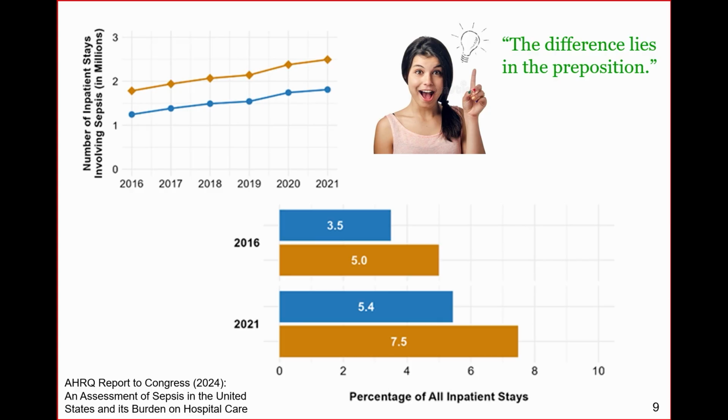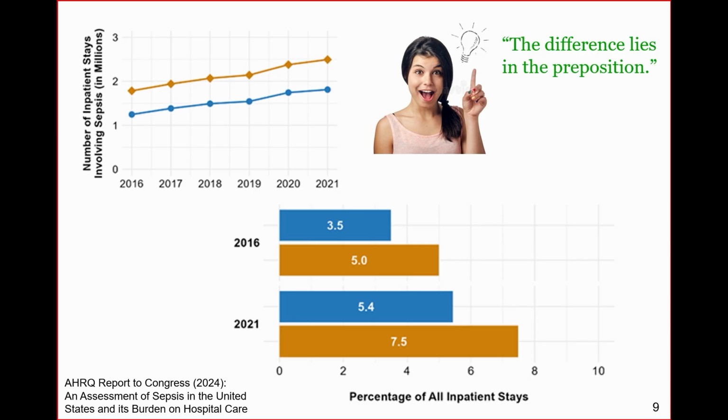So here's an audience participation thing, right? Here are rates of hospitalizations relative to sepsis in the United States. There is an orange line that appears to be higher, and there's a blue line that appears to be lower. As the lady said, the difference lies in the preposition.